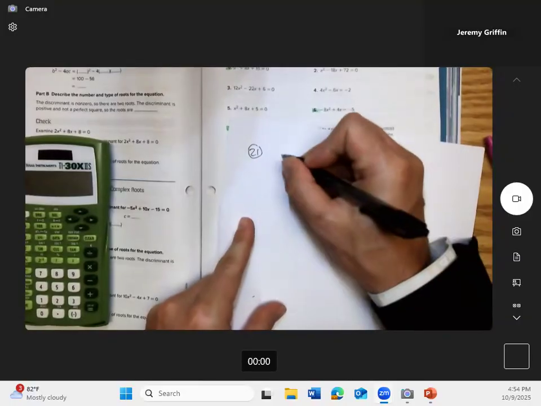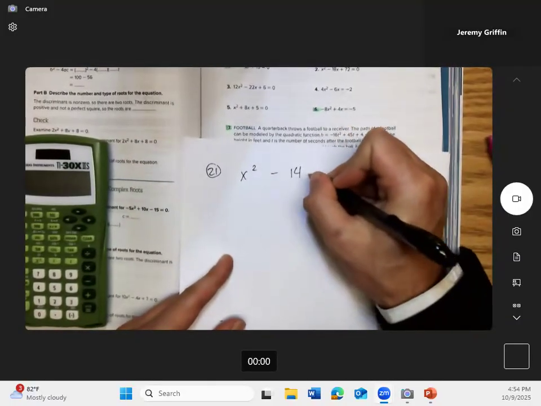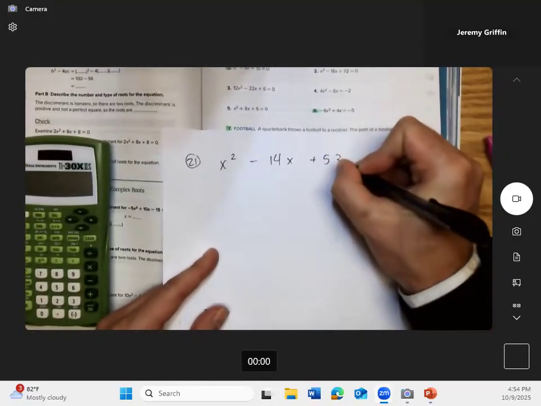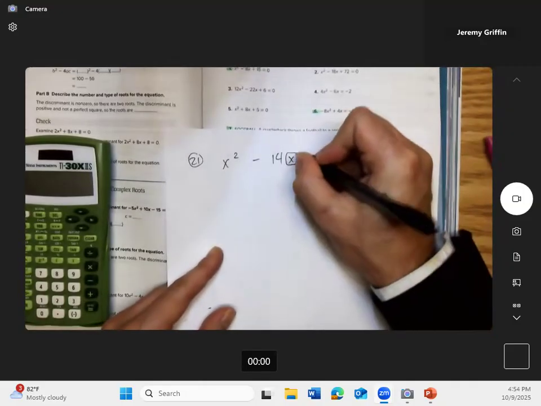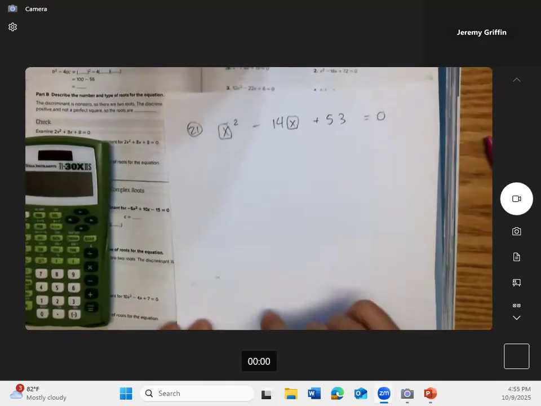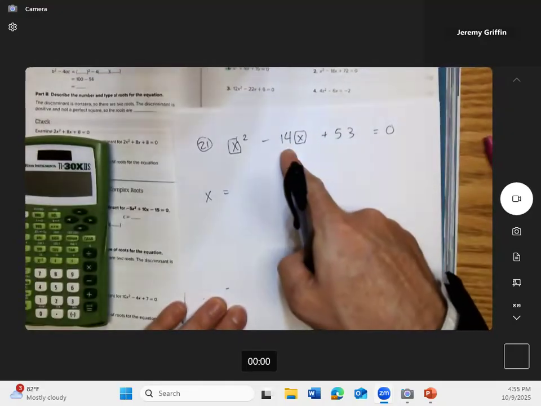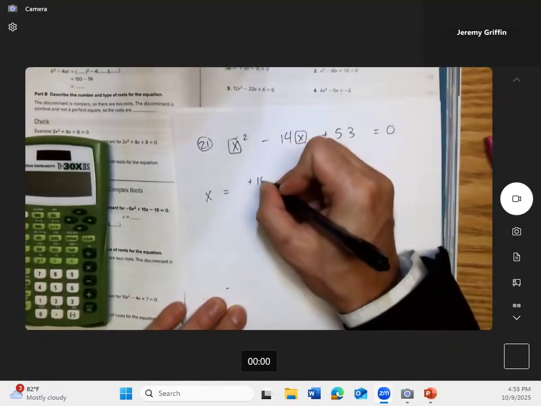21. x squared minus 14x plus 53 is 0. Okay, so for x, let's just jump straight to quadratic. X equals negative b. Well, negative 14 is not like positive 14.